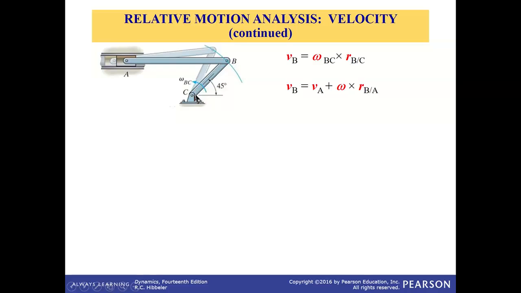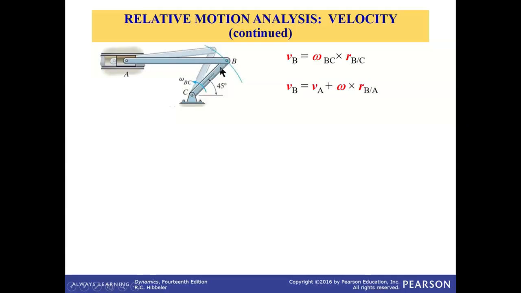In fact, C is a fixed point, it does not move. So we can also simplify this notation to just RB rather than RB relative to C, because as I have said before, if the motion is relative to absolute motion, then we don't need to write "slash absolute motion" later for that.